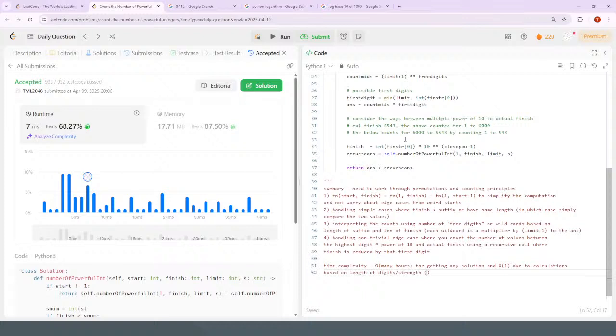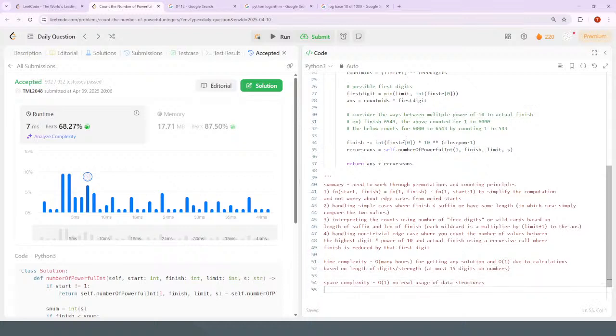And these are at most 15 digits on numbers. And space complexity, there is pretty much nothing. No real usage of data structures. Oh my god. And that's it.